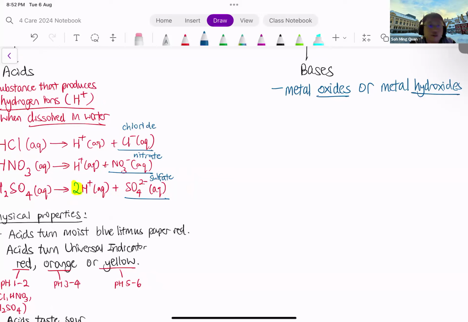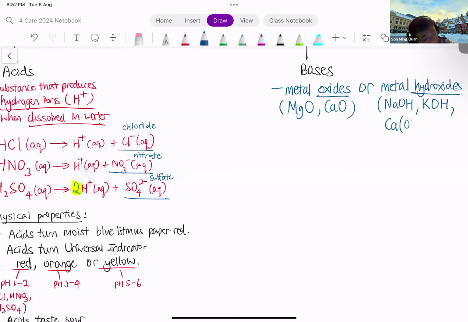All right. So for instance, magnesium oxide. Magnesium is a metal, so magnesium oxide is a base. Calcium oxide, base. Hydroxides, sodium hydroxide. Sodium is a metal, so sodium hydroxide is a base. Potassium hydroxide, base, because potassium is a metal.